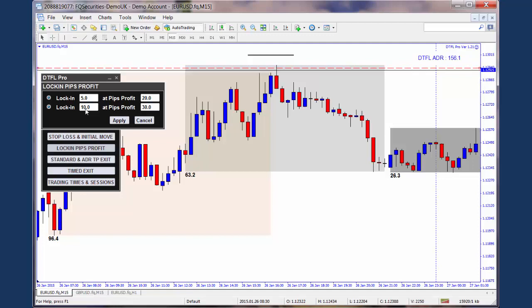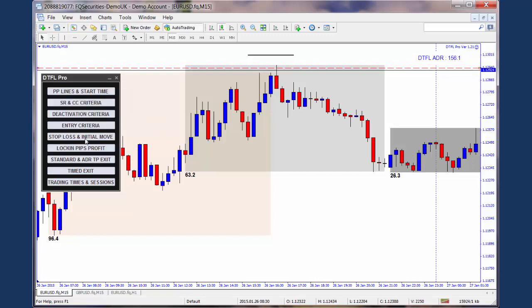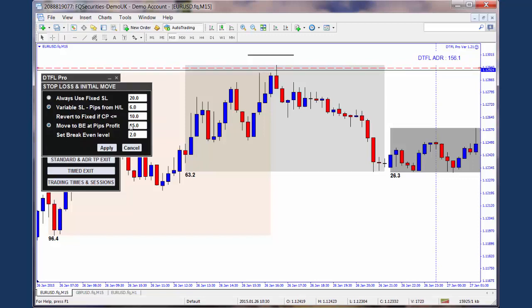So in combination with the earlier one I've just been showing you, let's go back. So we've got the stop loss, the initial move, when 15 pips of profit is achieved, the stop loss will be moved to break even plus 2, locking in 2 pips of profit. You could think of it like that.